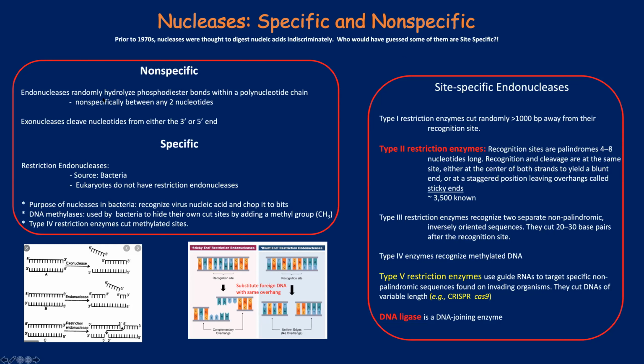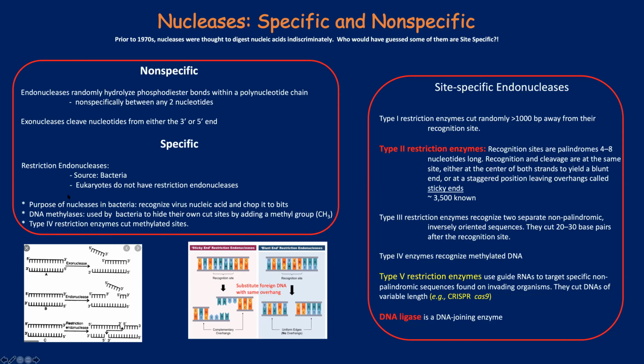So endonucleases randomly hydrolyze phosphodiester bonds, like you see here in the lower left. Endonuclease can cut in the middle of a chain. Exonucleases can nibble off the ends, and these are non-specific. Whereas the last one here, restriction endonucleases, cut only at certain highly specific sites.